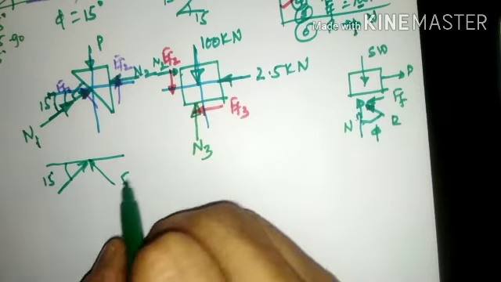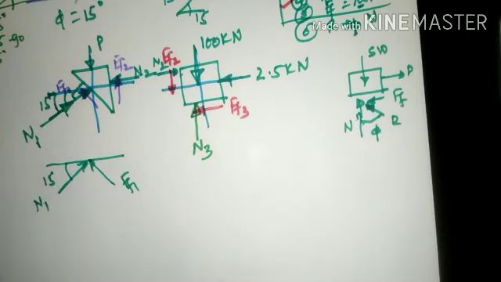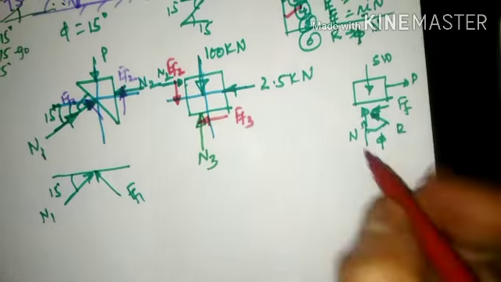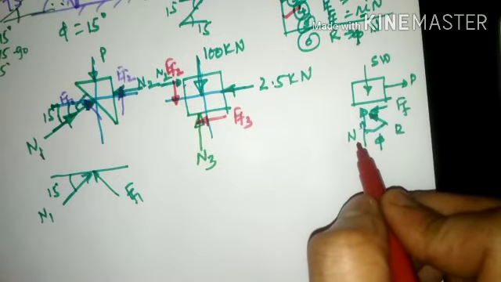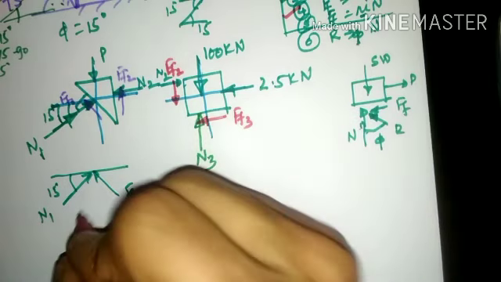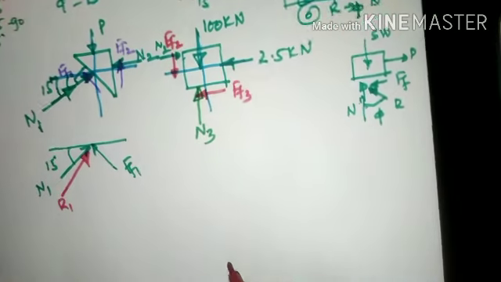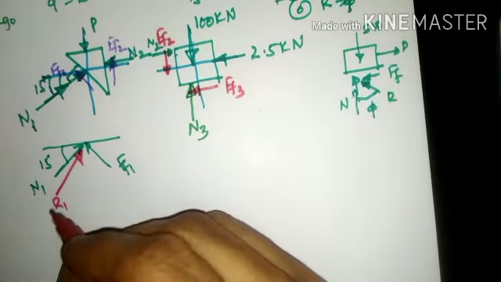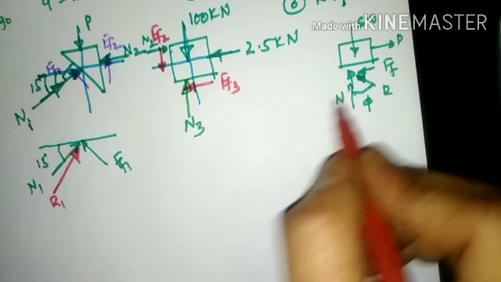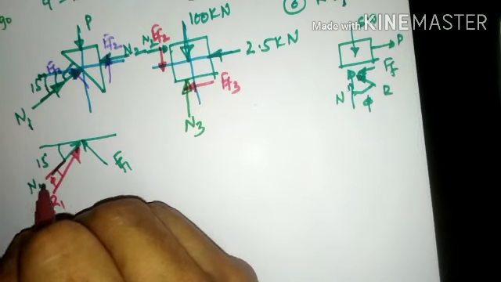This force I shall name F1, and this force N1. The combination of horizontal and vertical force components is the resultant reaction force, which is called R1. R will always subtend an inclination with respect to N, so R1 will subtend an inclination of phi with respect to the normal reaction here.